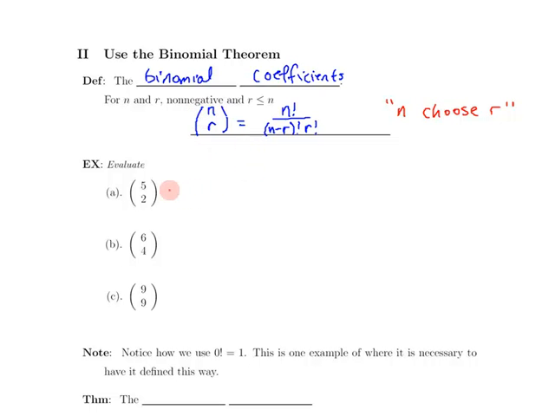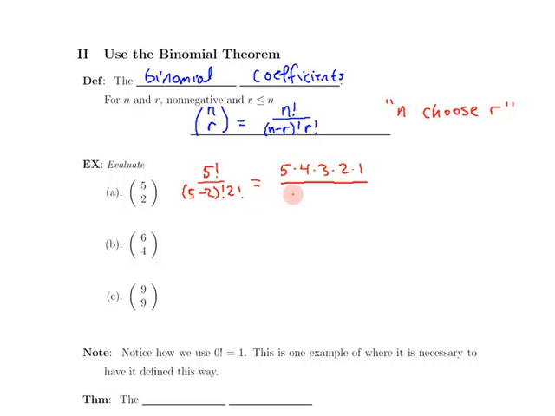But n choose r, in this case 5 choose 2, would be 5 factorial over 5 minus 2 factorial times 2 factorial. Now what I prefer to do is write out the product and then cross out common factors in the numerator and the denominator. So 5 times 4 times 3 times 2 times 1. I could leave off the 1 because it doesn't matter.